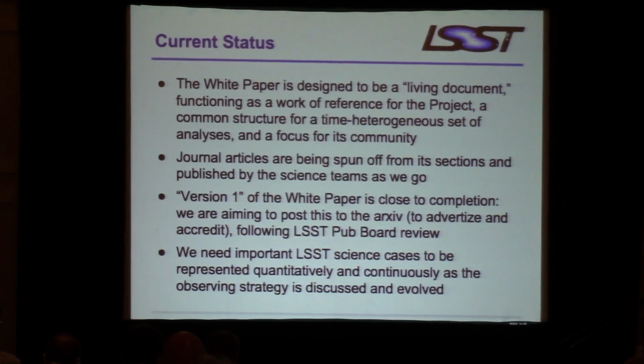So we're close to completing version 1, and we're hoping to post that to the archive, partly to advertise to the rest of the astronomy community that this is something that is happening and that there is a mechanism for joining in. But also to make sure that people who've been working hard on this are correctly accredited for the work they've done. So we're doing this. We need important LSST science cases to be represented quantitatively.